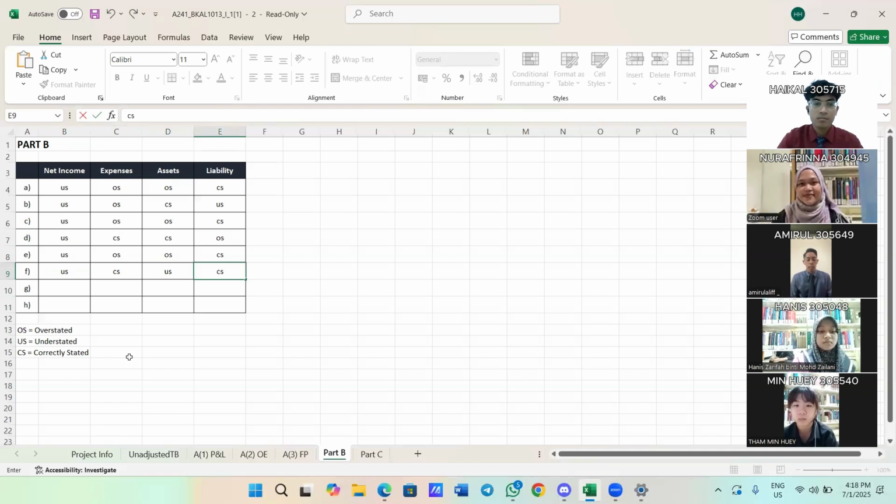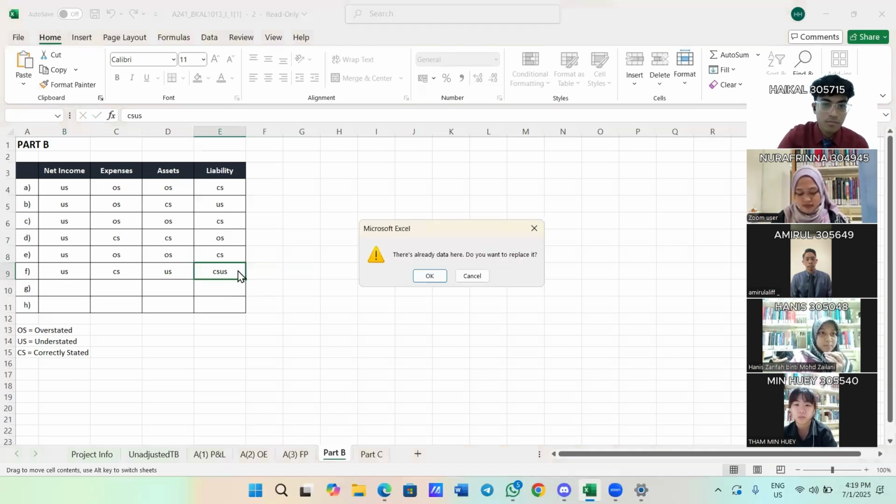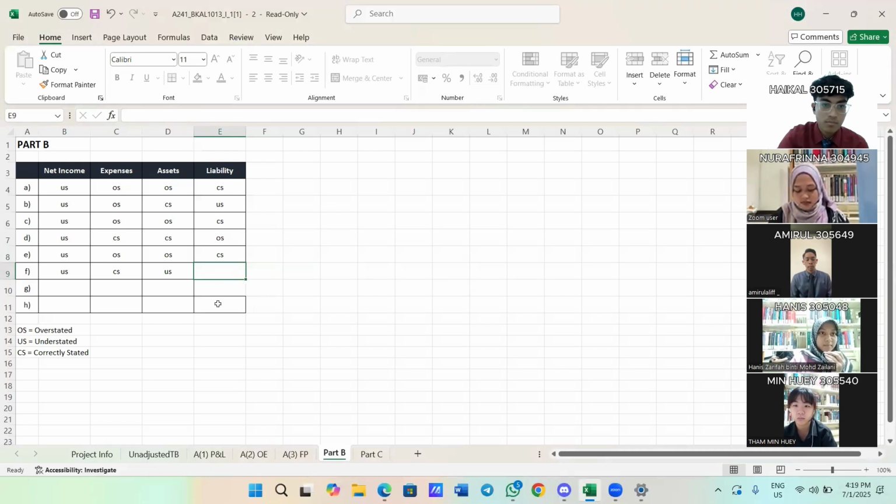For G, interest revenue RM 15,800 was not recorded. Anyone have the answer? Okay, for G, the net income is understated. Expenses correctly stated. Can you say again?